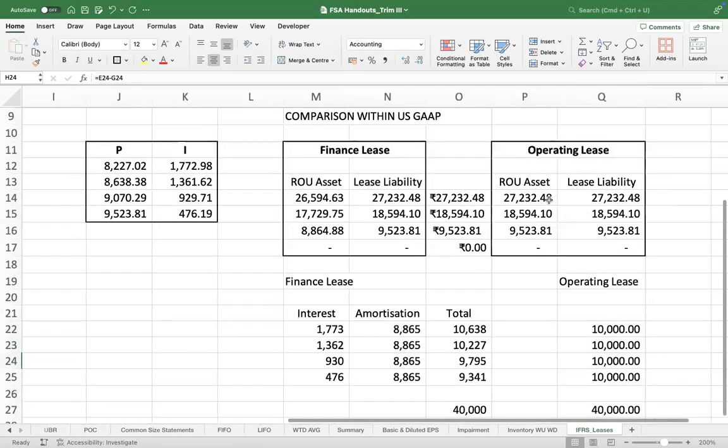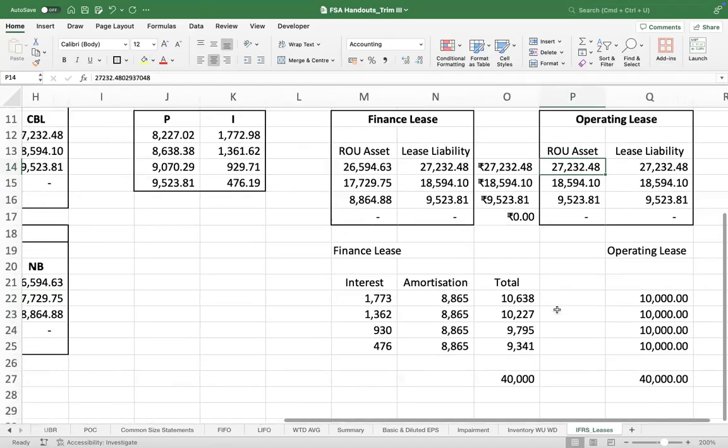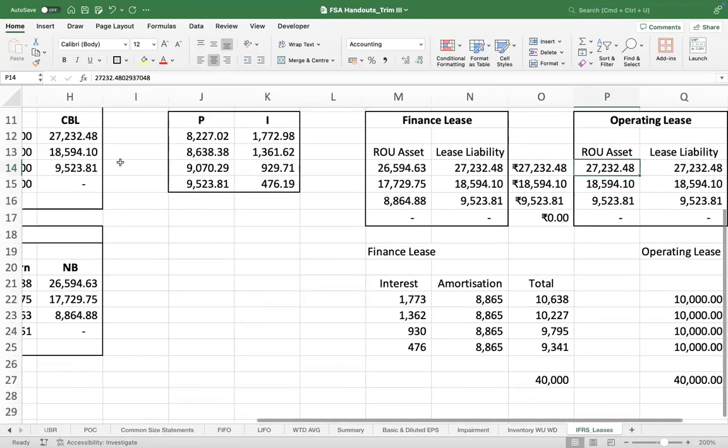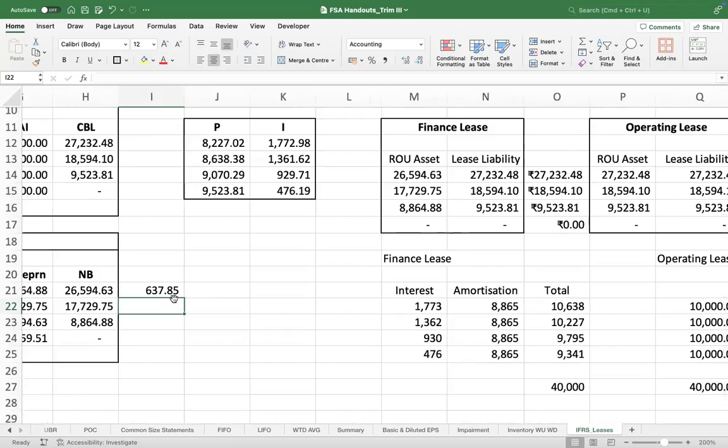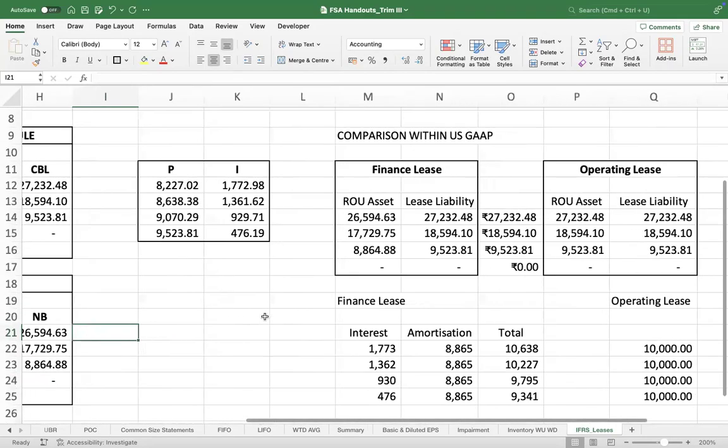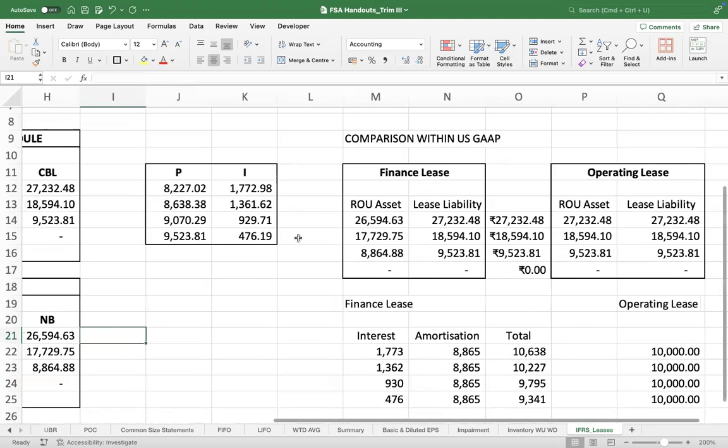But what we are showing in operating lease, we are showing these balances which is exactly as per the lease liability. तो जो difference है वो क्या है? What is that difference? We are showing the asset at this value, but the asset should be at this value. So what is that difference? Do you know? Can you identify the difference? Batao.